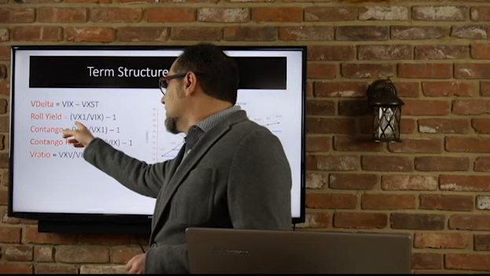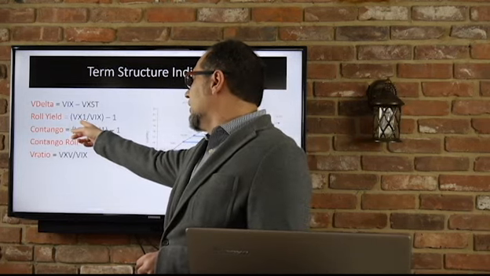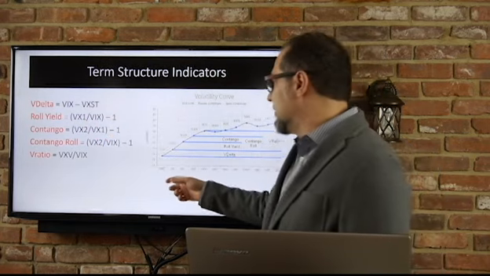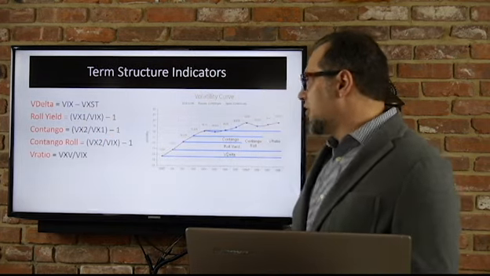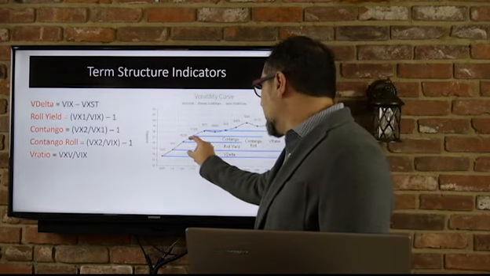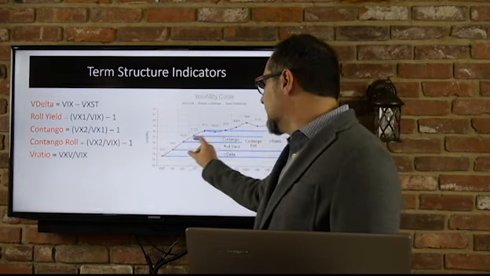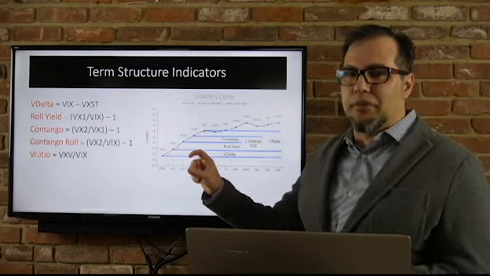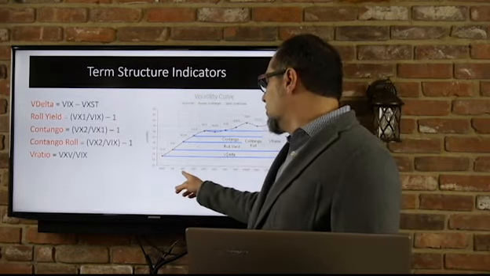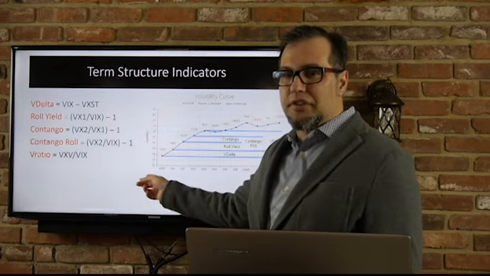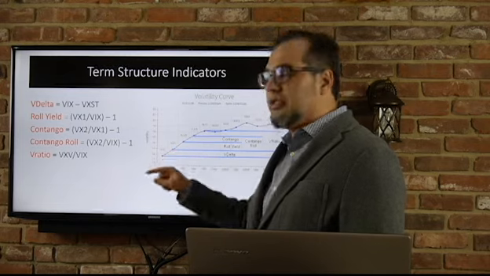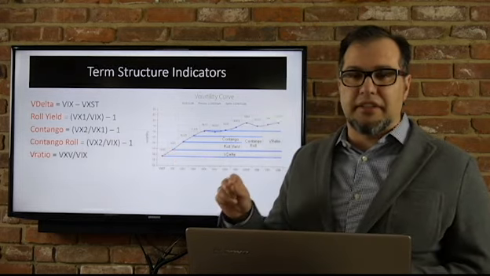Roll yield is the premium of VX1 over the VIX, and it's a measure that combines the spot market and the futures market. This is the roll yield here between VX1 and the VIX. The interesting thing about the roll yield is that as the VX1 future gets closer to expiration, the VX1 future must match the VIX at the day of expiration.